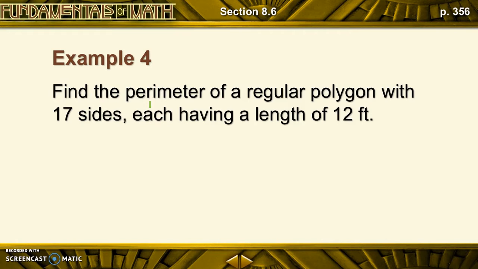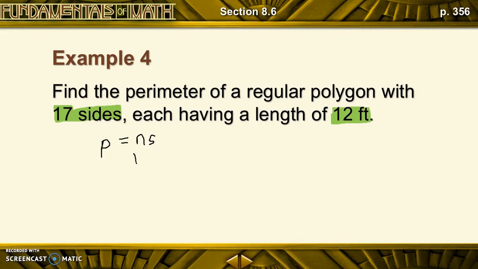Example 4 says, find the perimeter of a regular polygon with 17 sides, each having the length of 12 feet. So we're going to use that formula that we just learned. So we have P is equal to the number of sides times the length of each side.